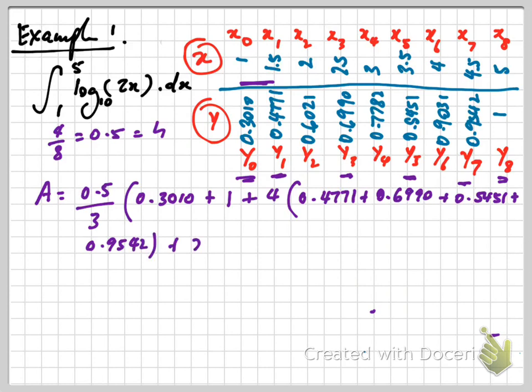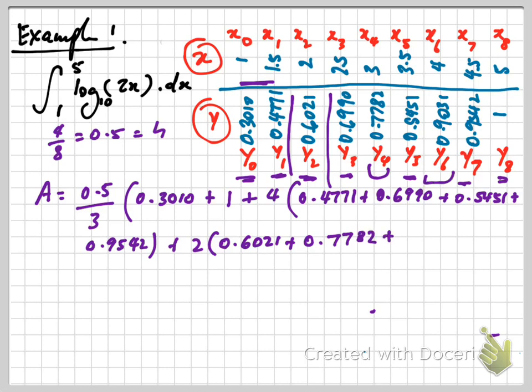And then plus 2 times, then all the even ones, which is 0.6021, that one, and then the next one will be y4, which is 0.7782 plus y6, which is 0.9031.